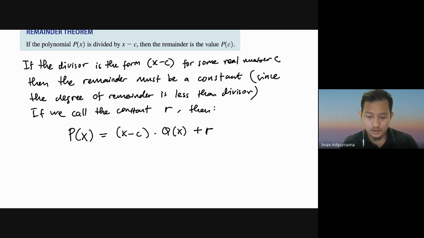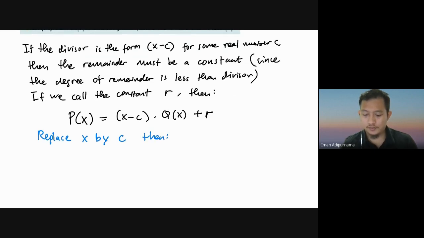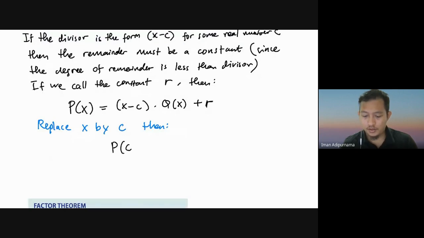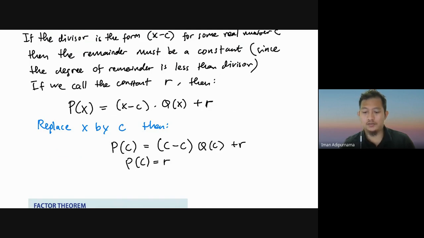And if we replace x by c, we get p(c) = (c minus c) q(c) plus r. So p(c) will be just r. So that's what it means.